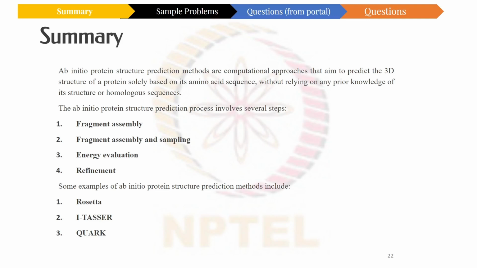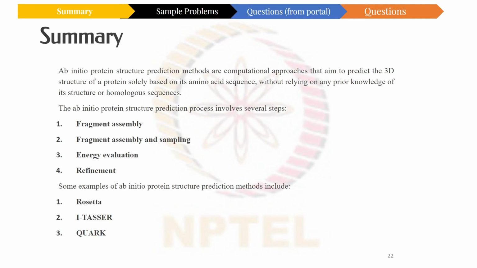This is done by performing a Monte Carlo search through conformational space. This Monte Carlo search involves randomly selecting and rotating fragments, and selecting is done by evaluating the energy of the resulting conformation. This process is repeated thousands or millions of times to generate a large number of possible conformations.